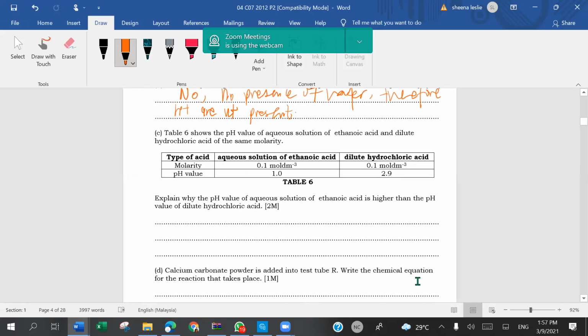Okay, my pH value of aqueous solution of ethanoic acid is higher than dilute hydrochloric acid. Both of them 0.1 mole, 0.1 mole. But ethanoic acid, look at the question. Is there a mistake in the question? You think?